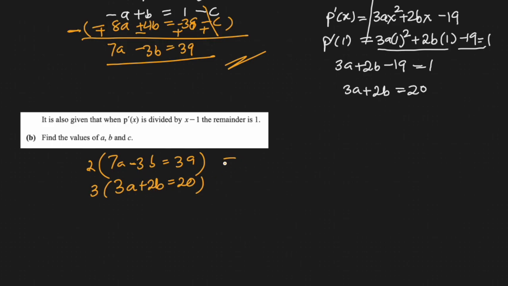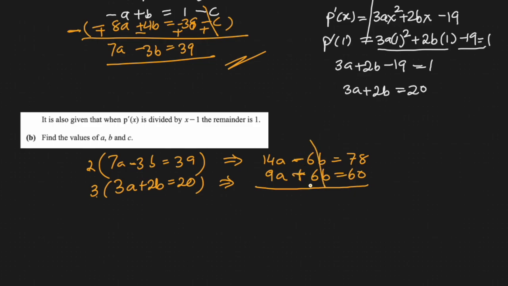That is my plan. So the new equations become 14a minus 6b equal to 78, and 3 times 3a will be 9a plus 6b equal to 60. And now one is minus, one is plus, so I don't need to subtract.